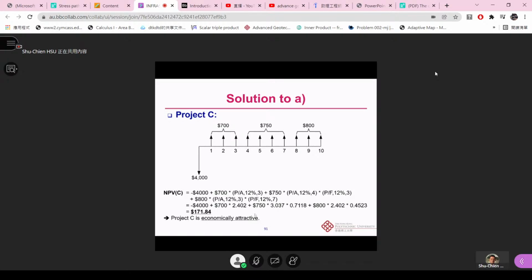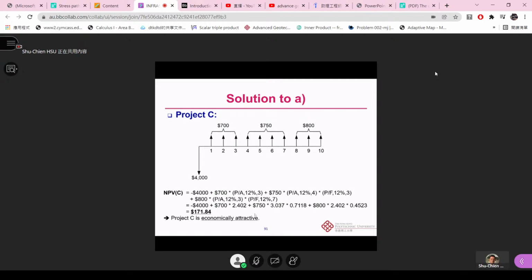So we also need to convert this future value, times the bracket of the P/F, 12%, 7, back to the present value. This is what we can do for these 3 parts of the A.